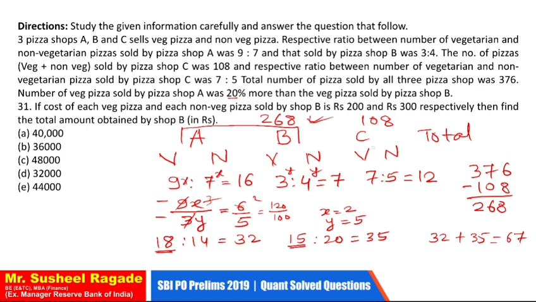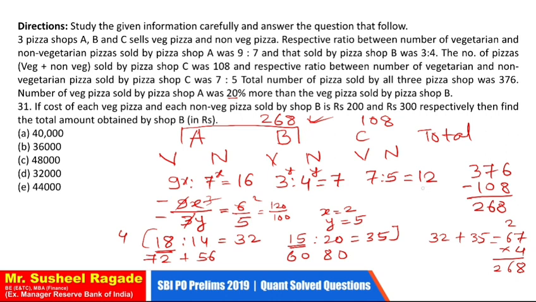By observation you can know this is a multiplication of 4. So we have to multiply all these numbers by 4, then we will get this addition as 268. So this is 72 plus this is 56, here 60 and here 80.